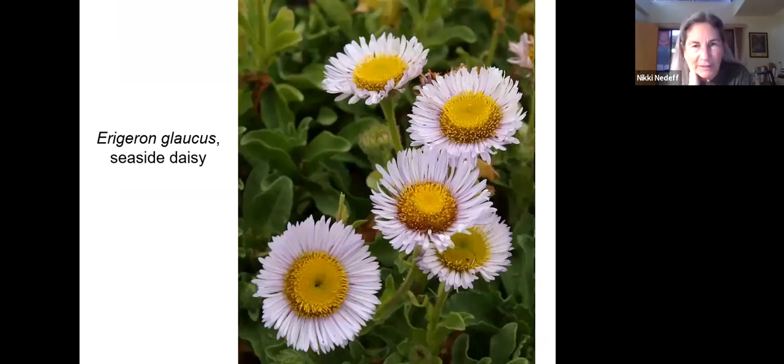A member of the Asteraceae, a forb, I should say, that grows in dune habitats: the seaside daisy.